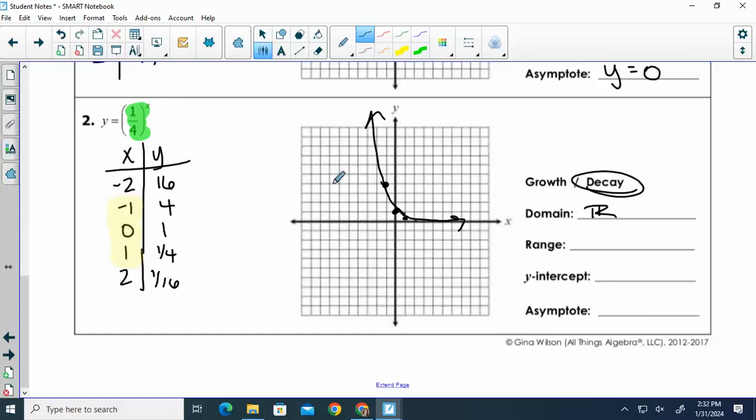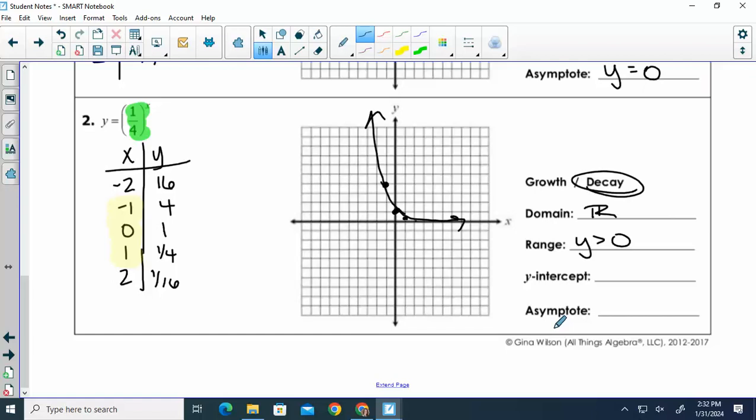My range, what kind of y values am I getting? I'm getting things bigger than 0, right? Y is bigger than 0. Okay, my y-intercept, where does this graph hit the y-axis?